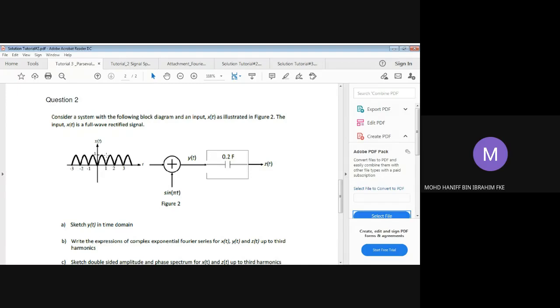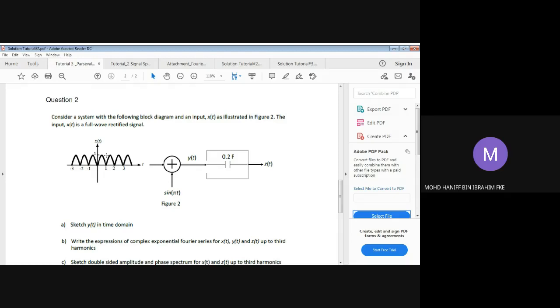Then x(t) is added with sine pi t, as a normal sine function, and this addition gives us y(t). Then y(t) is passed through a capacitor of 0.2 farad, and this results in the output z(t). This is what is given in question 2.